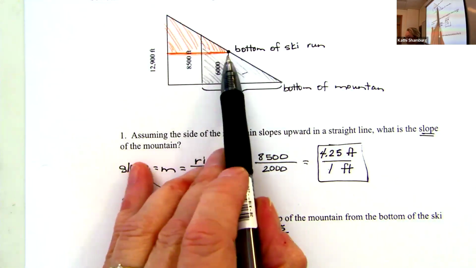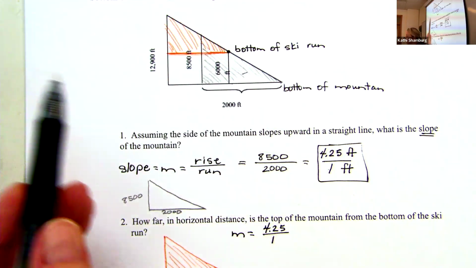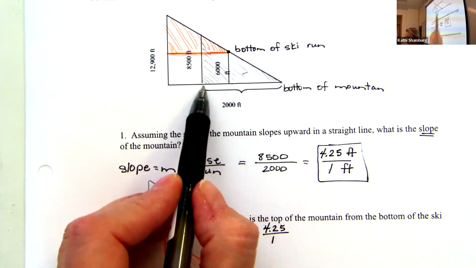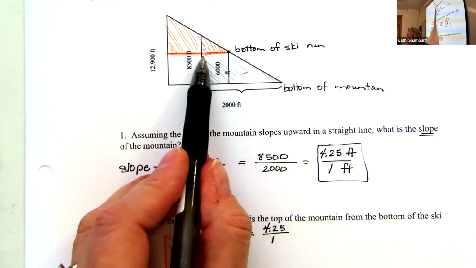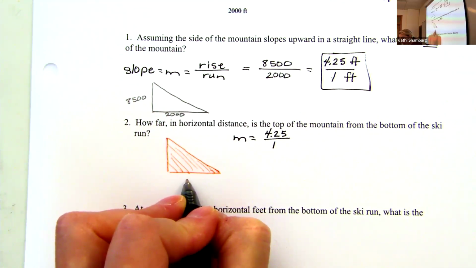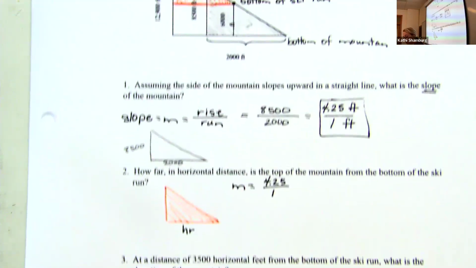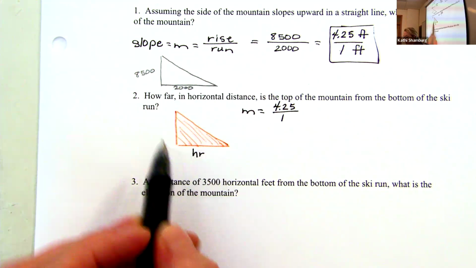Now, since it's asking me to find this horizontal distance, I don't have it and can't find it directly. From here to here is 2,000, but that didn't tell me what from here to here is. So this is what we're looking for. This is the unknown, which is your horizontal run. I have the slope, I don't have the horizontal run.